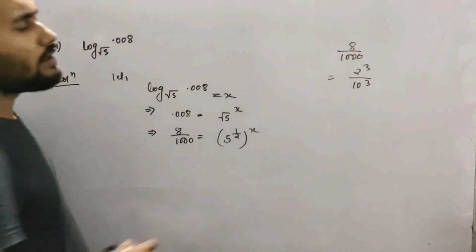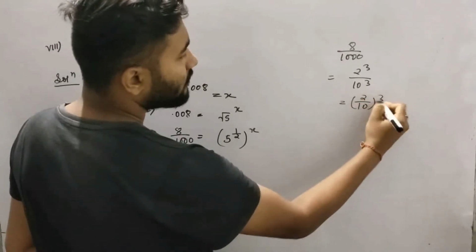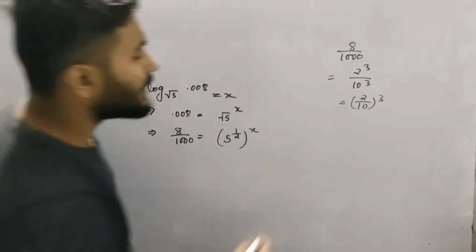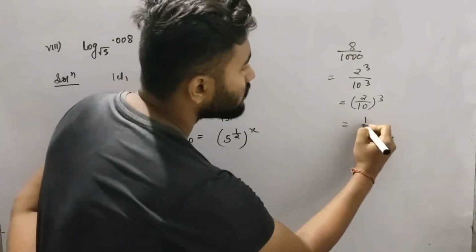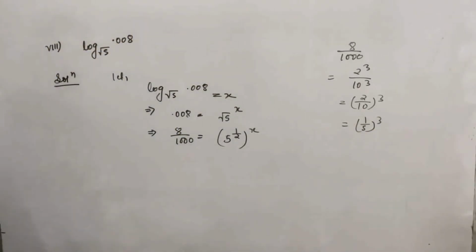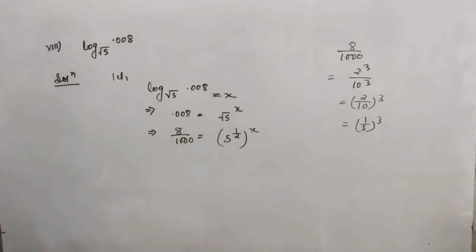Now what can I do? I can write then 2 by 10 whole cube. Something happened or what? Nothing happened, right? Let me cancel. 2 1 are 2. 2 5 are 10. 1 by 5 cube. 1 by 5 I can take it to 5, isn't it?